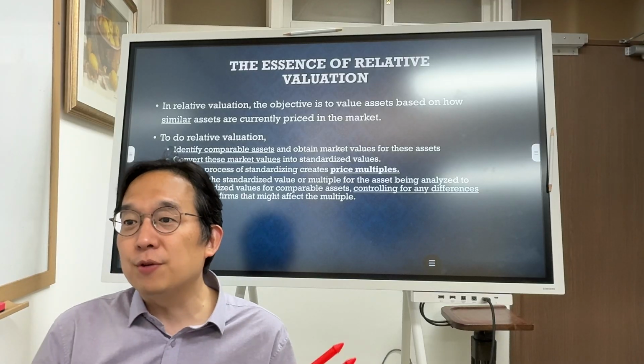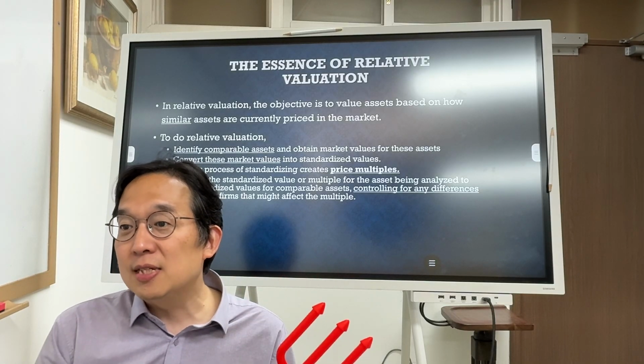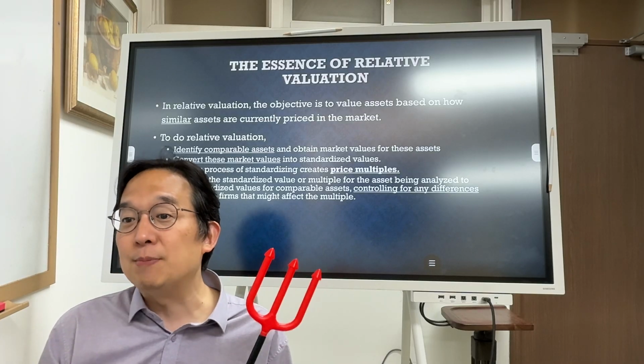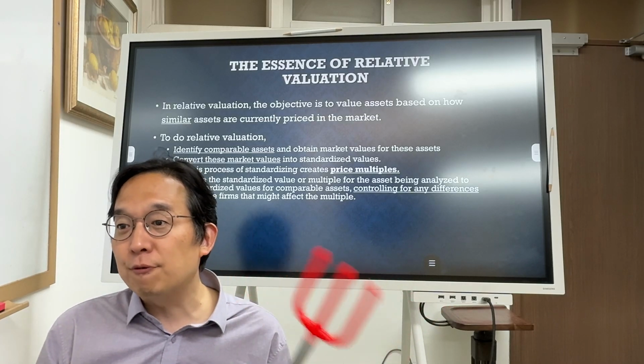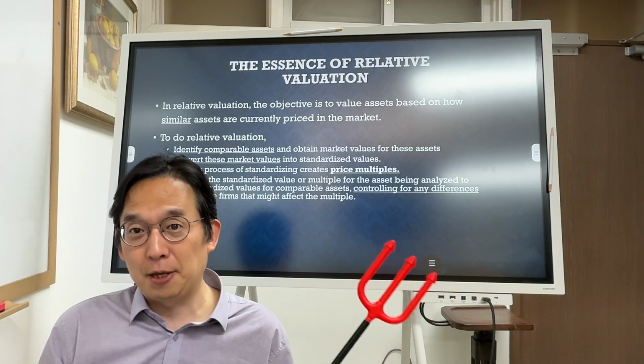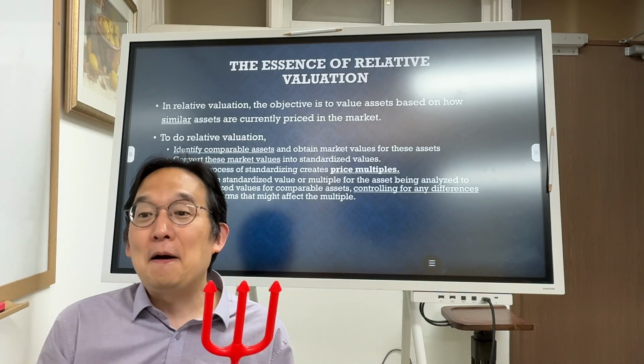Now, the essence of relative valuation. In relative valuation, the objective is to value assets based on how similar assets are currently priced and traded in the market. Okay? Liquidity is assumed, right?